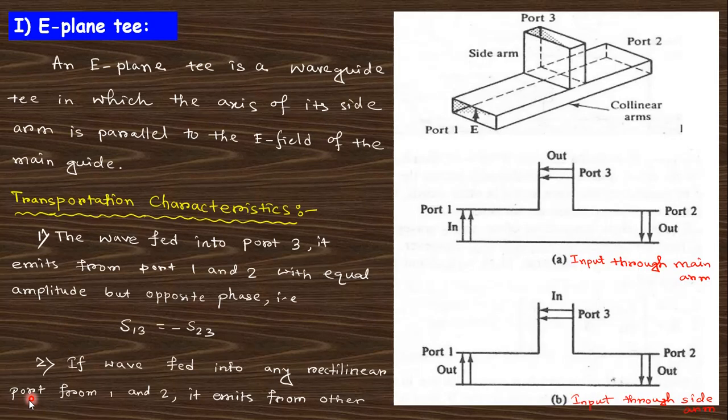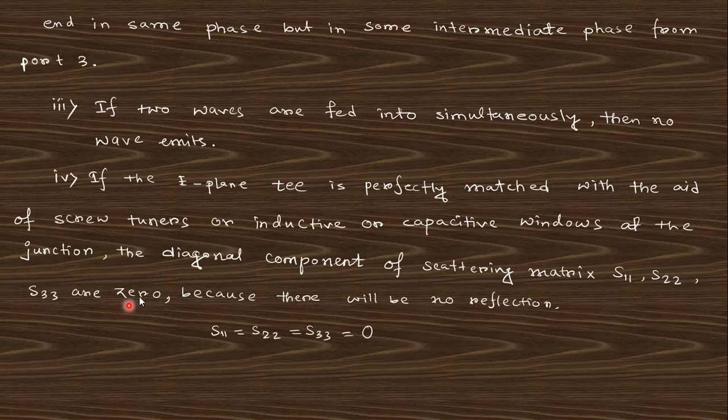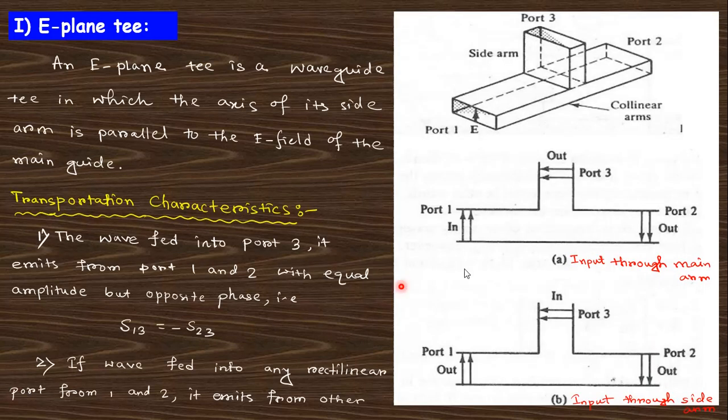So if the wave is fed into rectangular ports 1 and 2, and if 1 and 2 are identical, it is emitted from the other end. That means when fed into 1, it is emitted at port 2, or when fed into port 2, then the output will be port 1, right?